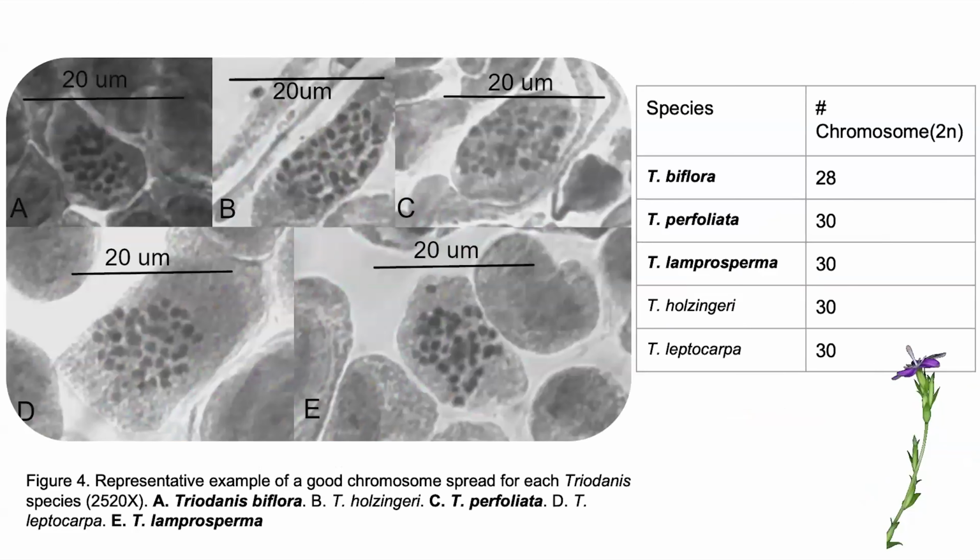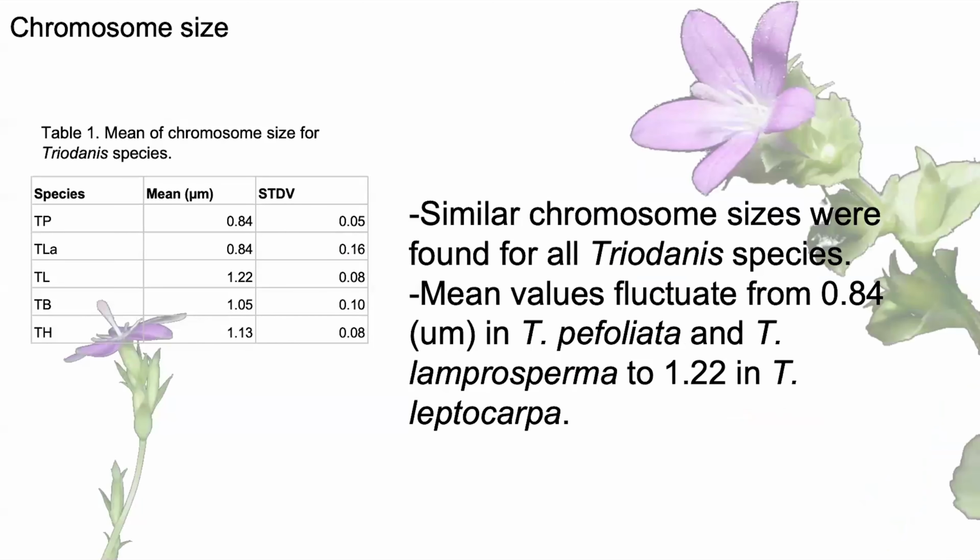So after a lot of work, we finally found a good spread for some species. We found that for Triodanis biflora the diploid number is 28, and for perfoliata and leptocarpa we found a diploid number of 30. For the other species of the genus, we also found it. We also measured the chromosomes.